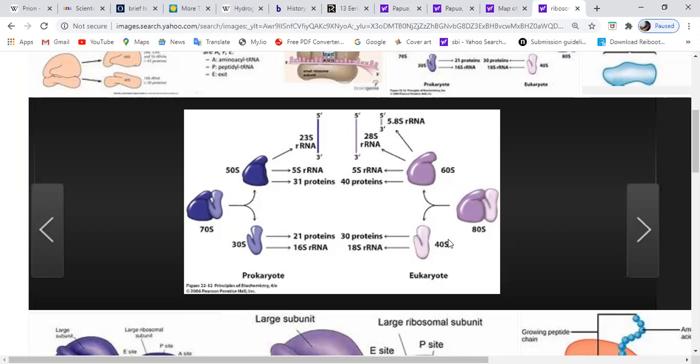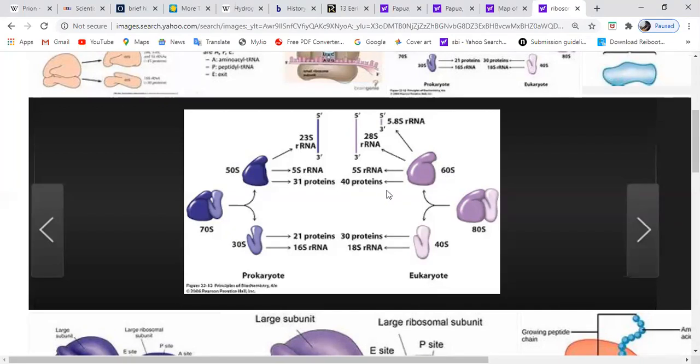Now, these two different subunits: this is called the larger subunit, and this is called the small ribosomal subunit. The large subunit in 70S, or I can say the 50S ribosomal subunit, is made up of 23S rRNA and 5S rRNA along with some proteins. So these are ribonucleoproteins because they are made up of rRNA and proteins.